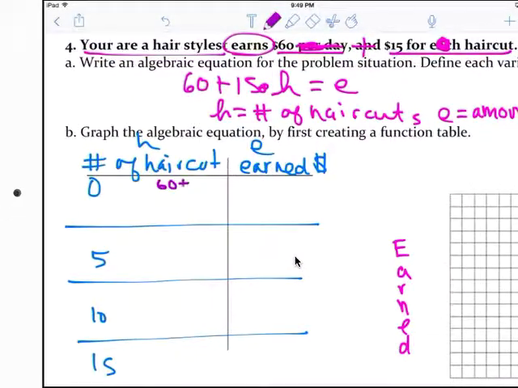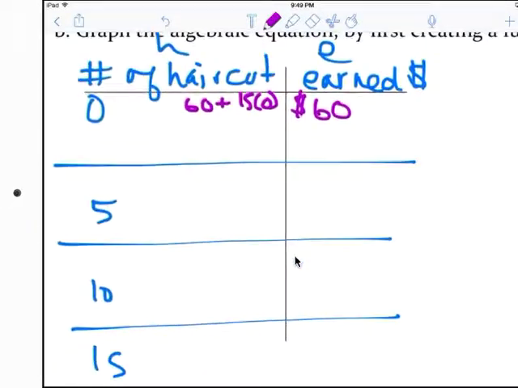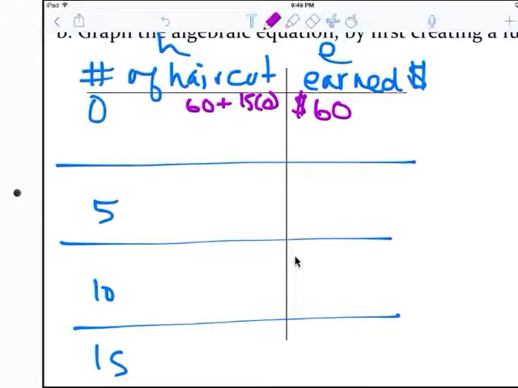Okay, so 60 plus 15 times 0 equals $60. They get no haircut that day, they still make $60 for going over there helping clean and stuff. 60 plus $15 haircut times 5. That's 75 plus 60.